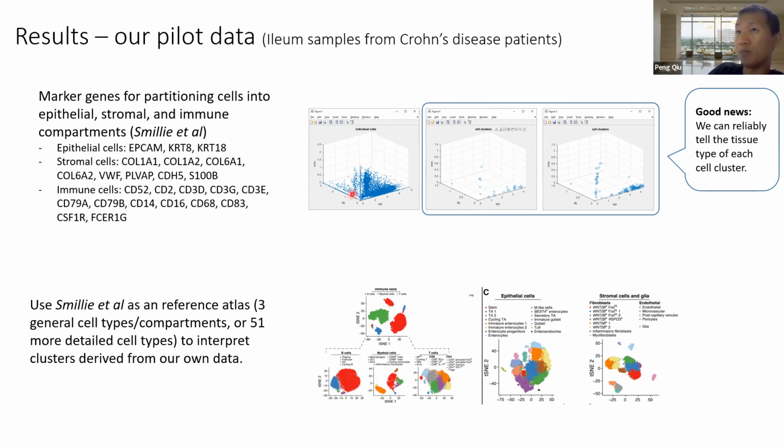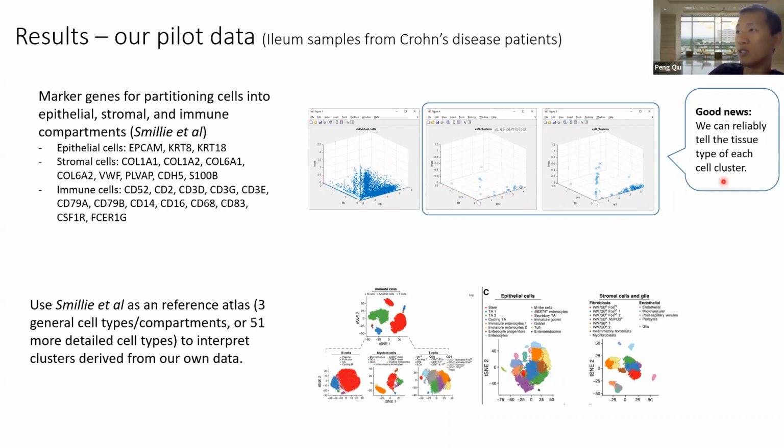This is our data shown in a three-dimensional scatter plot, where the three axes show marker genes for immune cells, epithelial cells, and fibroblasts, and each dot is a cell. When we cluster the cells and show the clusters along these three axes, we can easily see that each cluster shows a very strong signature for only one of these three tissue compartments.